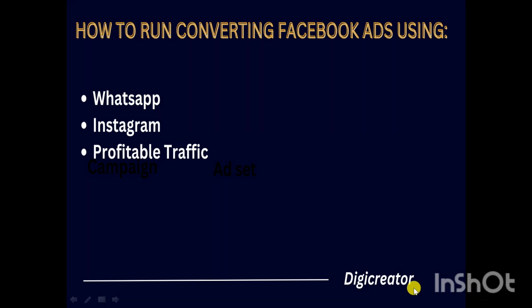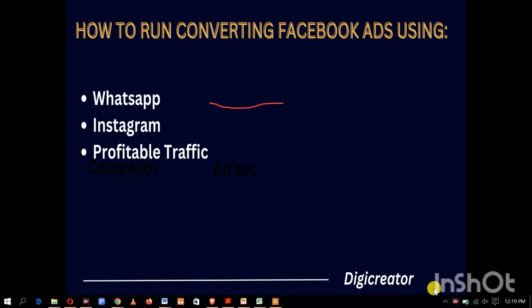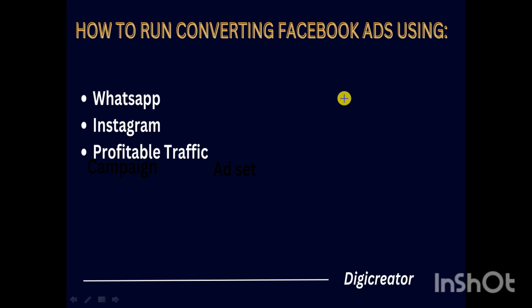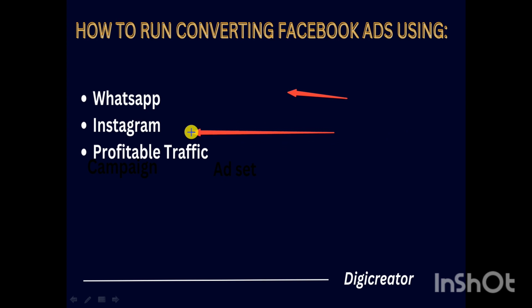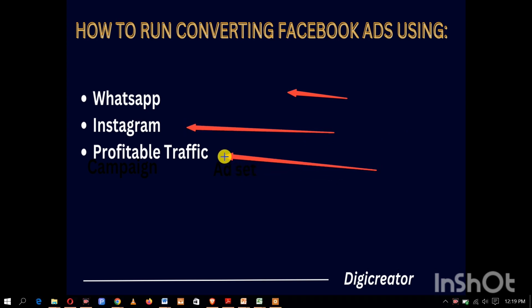ad. Remember that I said we are going to look at how to run WhatsApp ad, and then we're also going to look at how to run Instagram ad, also a profitable traffic ad.